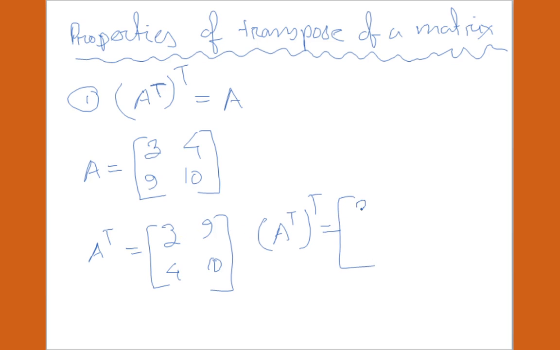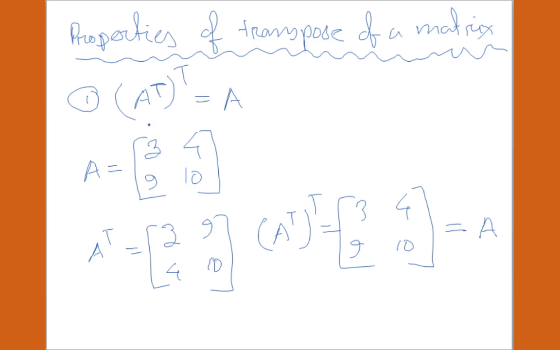So 3 9 4 10. Okay, so it becomes the original matrix, 3 4 9 10, which is equal to the original matrix A. So this is the first property. Double transpose of a matrix is equal to the original matrix.